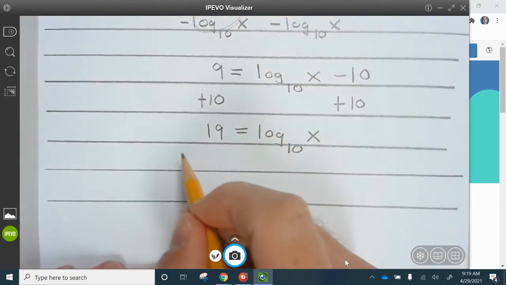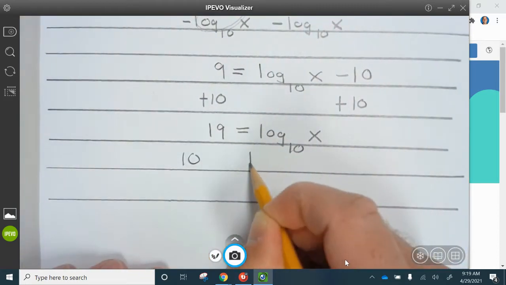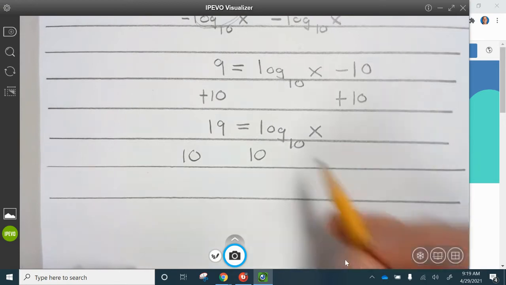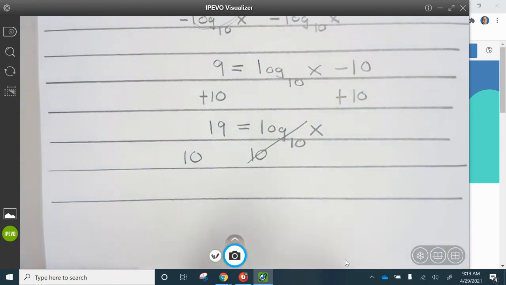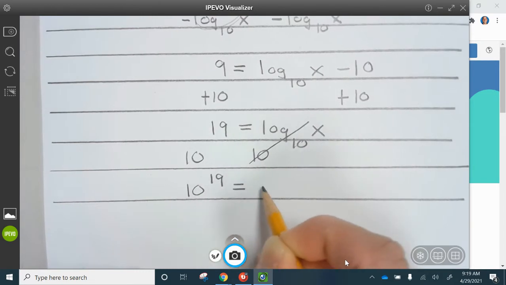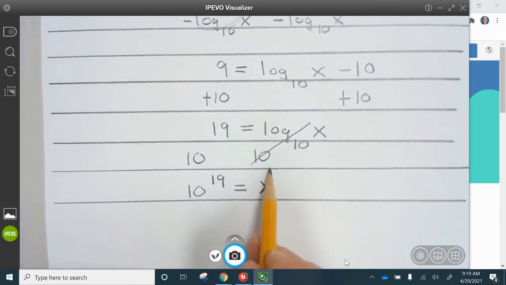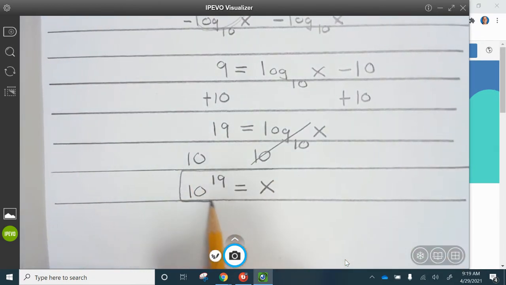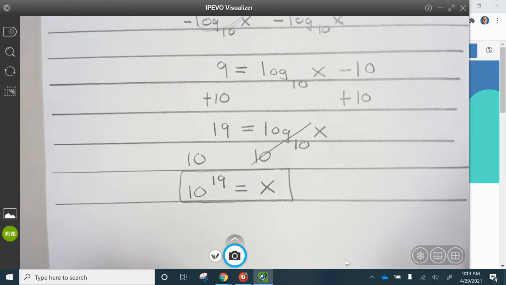Then we're going to raise both sides by 10. That cancels, and we're left with 10 to the 19 equals x, and there's your answer in exponential form. All right, let's move on to the next question.